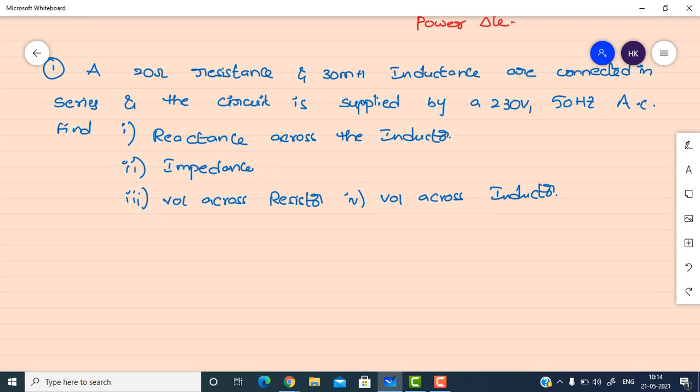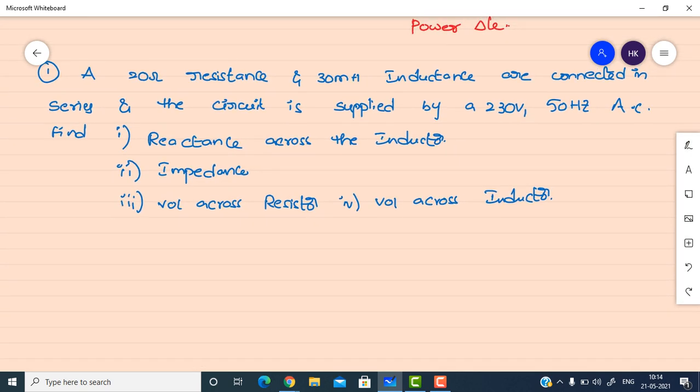These problems are also very important. First, read the question carefully. A 20 ohm resistance and 30 millihenry inductance are connected in series. That means which circuit is it? It is a series RL circuit, right? Resistor and inductor are connected in series means series RL circuit.